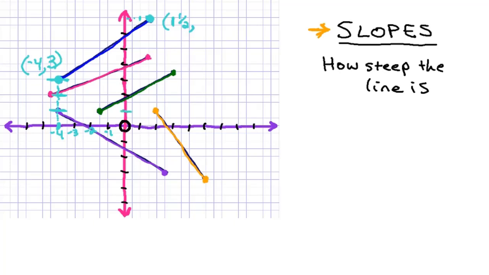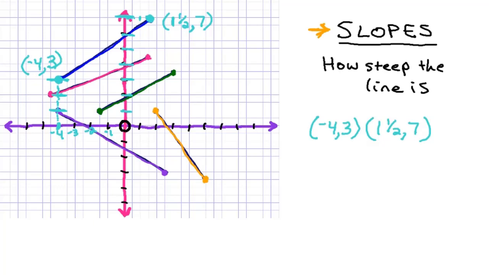So 1, 2, 3, 4, 5, 6, 7. So this dot is 7 notches up on the y-axis. So that's a positive 7. So our coordinates for this line are (-4, 3), and then you do another set of parentheses, and you go (1.5, 7). And that is how you write the coordinates for that line.